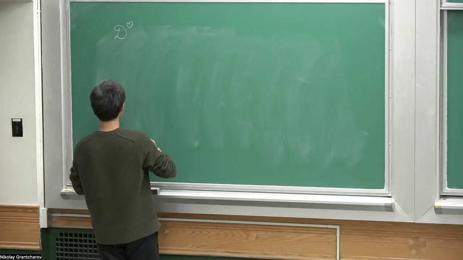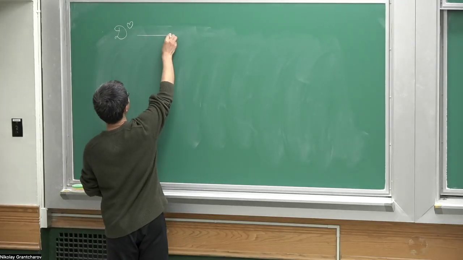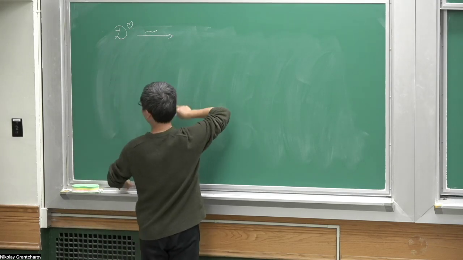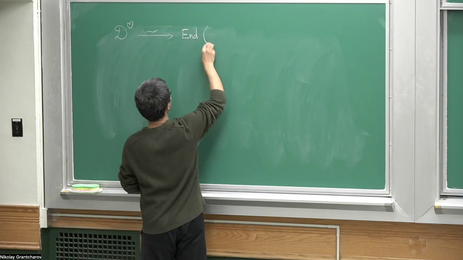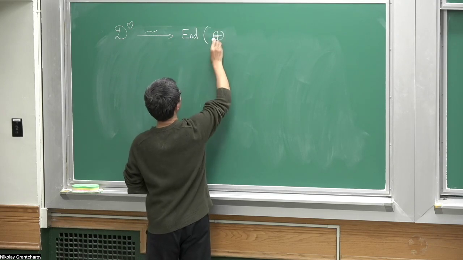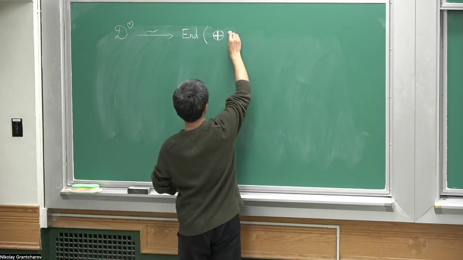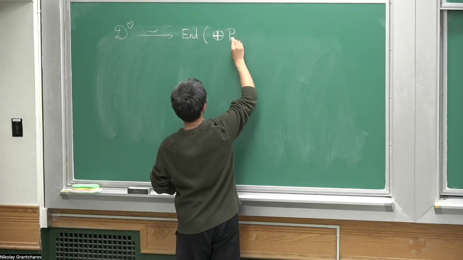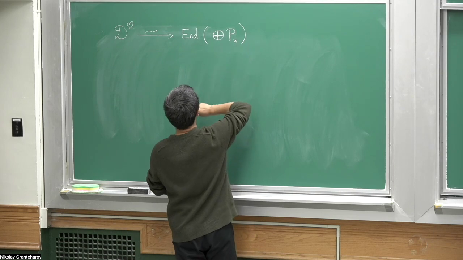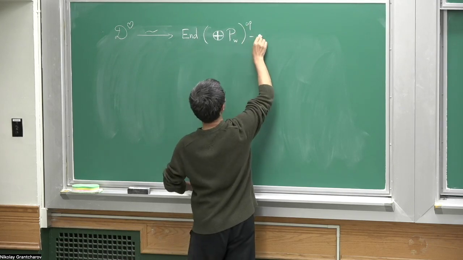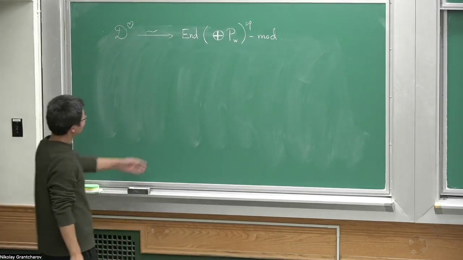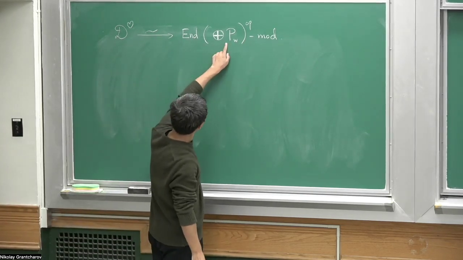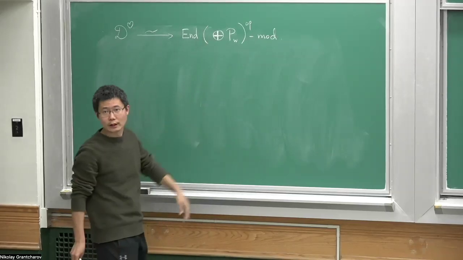So again, by tautology, this is equivalent to modules over the endomorphism ring of all the projective objects added up.